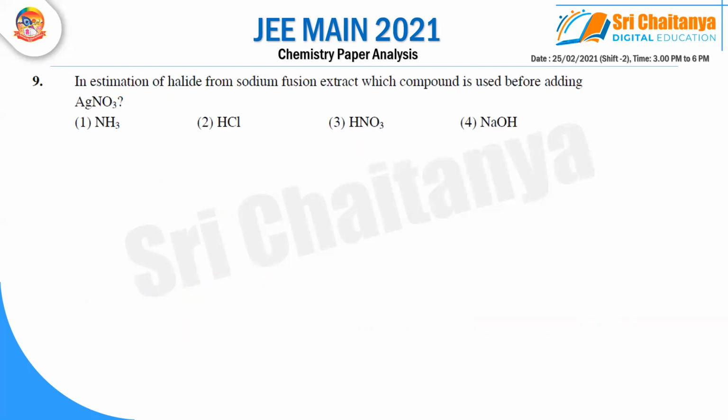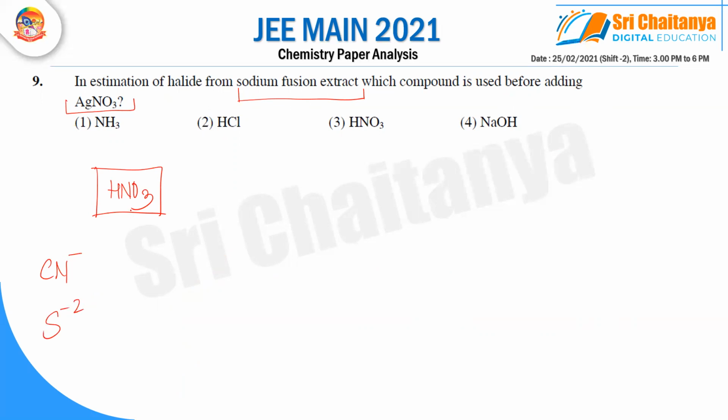Now in the estimation of halide from sodium fusion extract, that means we are talking about Lassaigne's test, right? Which compound is used before adding AgNO3? Before adding AgNO3, we use HNO3. Why do we do that? Sometimes CN minus or S2 minus, that is sulfide ion, remains.